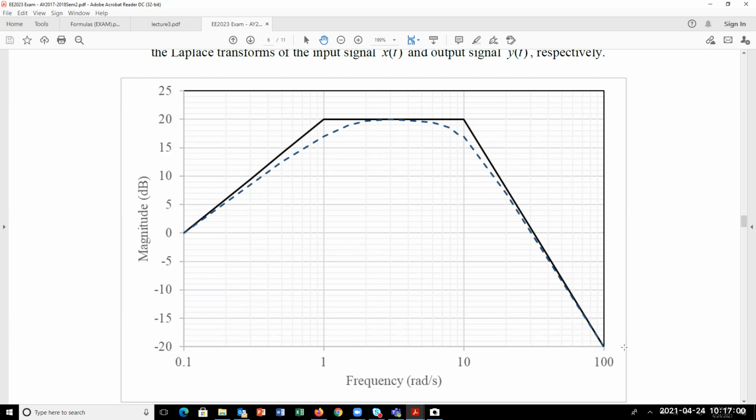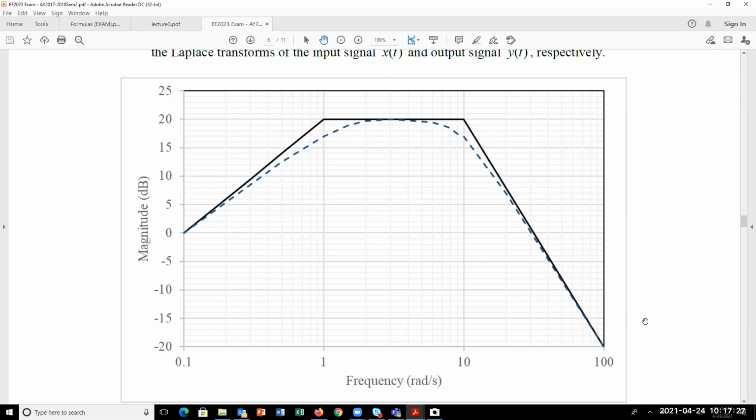How about the plot for the repeated pole? It's the same as for a pole, but instead of going from 0 to minus 45 to minus 90, you will go from 0 to minus 90 to minus 180. That's the only difference because it's repeated. The phase will change over 2 decades.